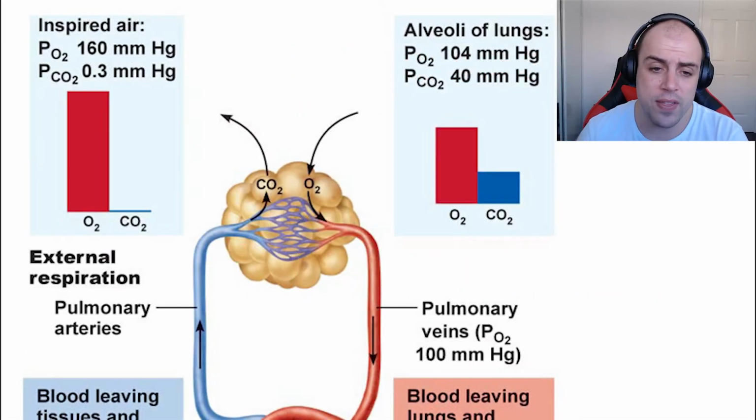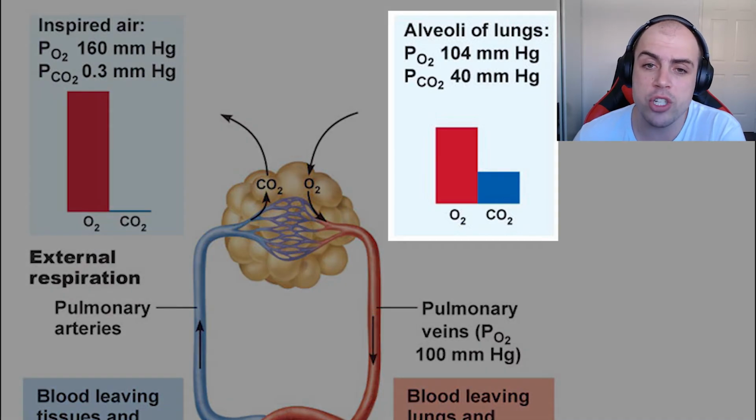So if we have a look at this image here, and again, I don't expect you to memorize these numbers, but I do expect you to have a general understanding of how these values are changing depending on where we're looking. A perfect example is that we are looking at the alveoli in the lungs here, and we can see the partial pressure of oxygen is around 104, whereas with carbon dioxide, it's around 40.